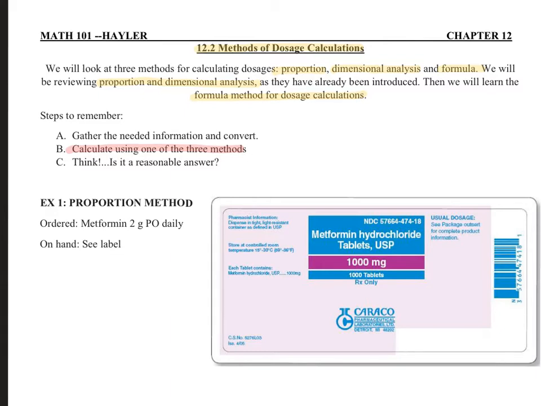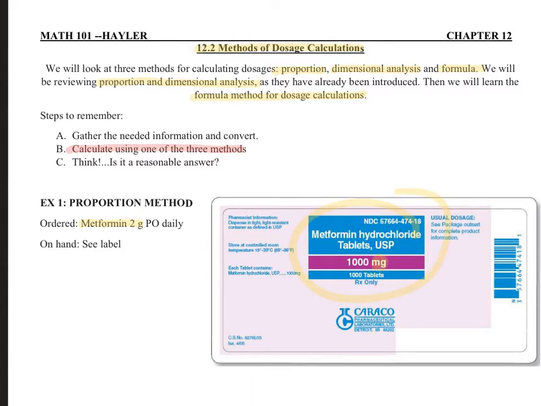So let's go ahead and work on our first example using the proportion method. So this is our order, per mouth daily. And we're given our label here, metformin, and this is in terms of milligrams.